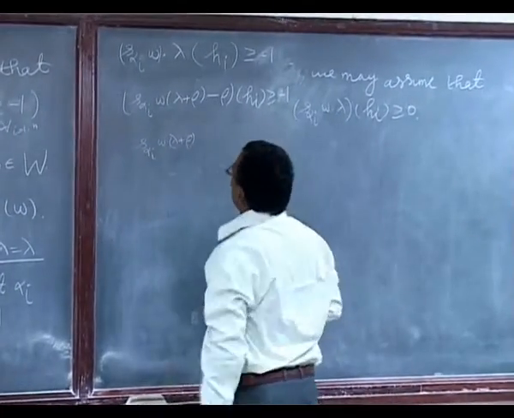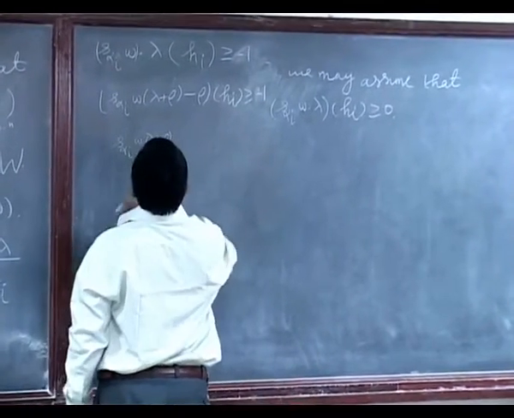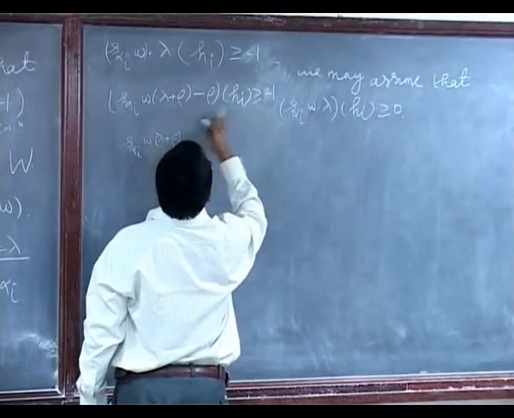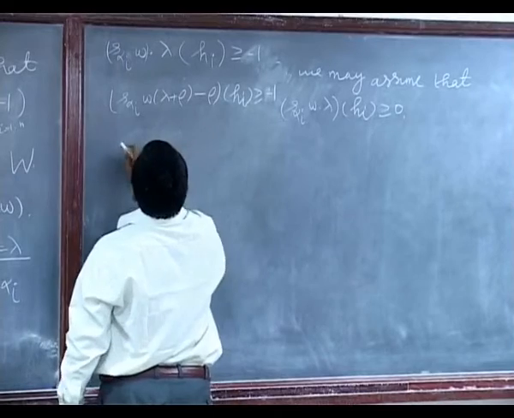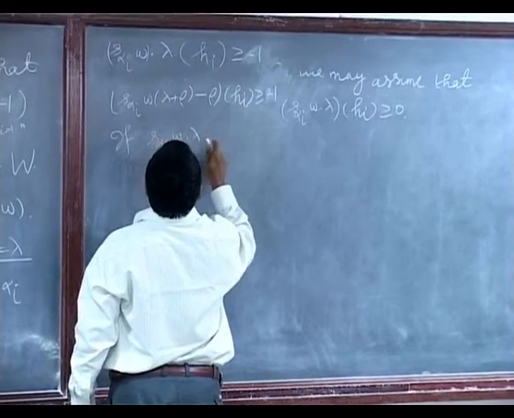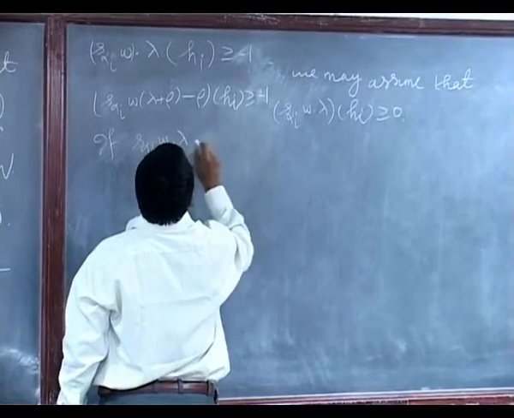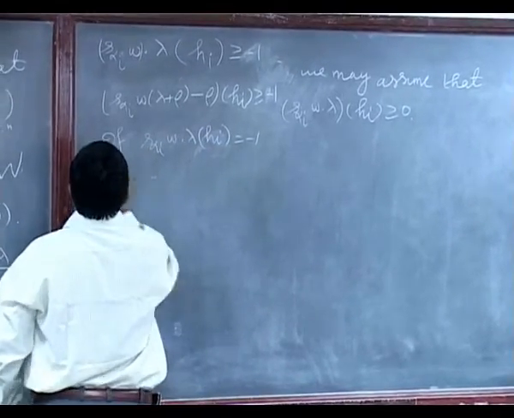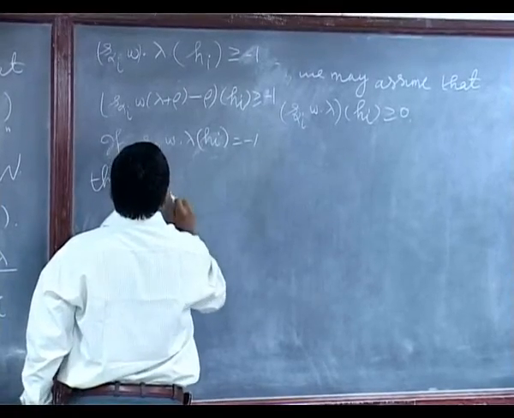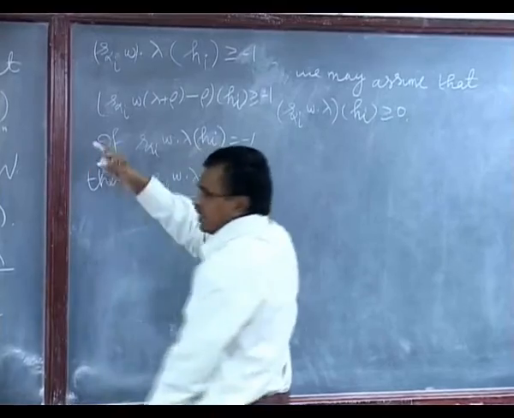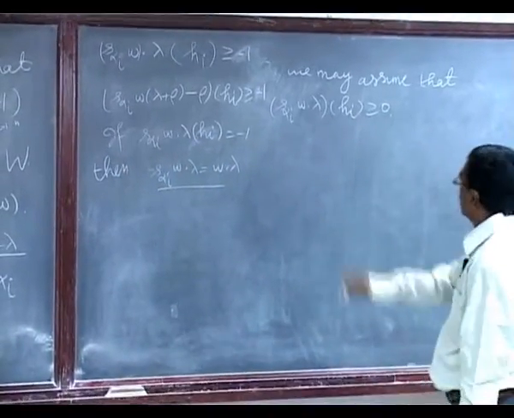Same idea. Suppose this is exactly minus 1, that means s_alpha_i w dot lambda of h_i is exactly minus 1. Then s_alpha_i w dot lambda is the same as w dot lambda, and I am done by induction, as I wrote in the proof.